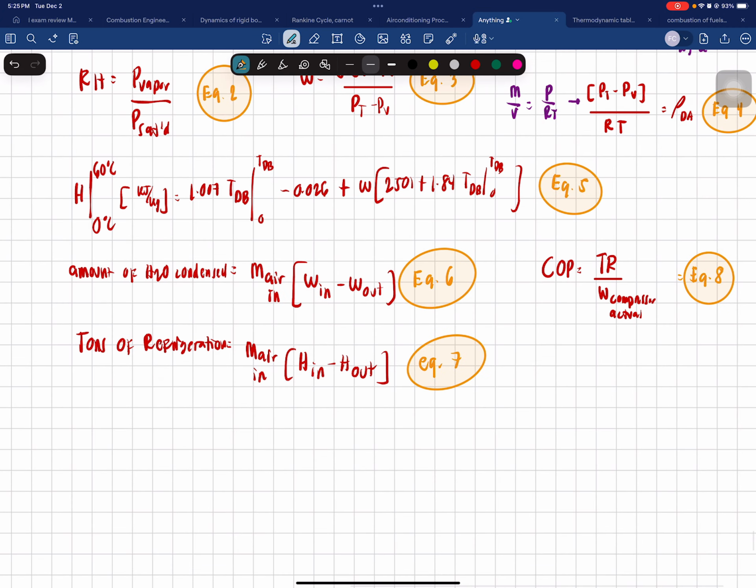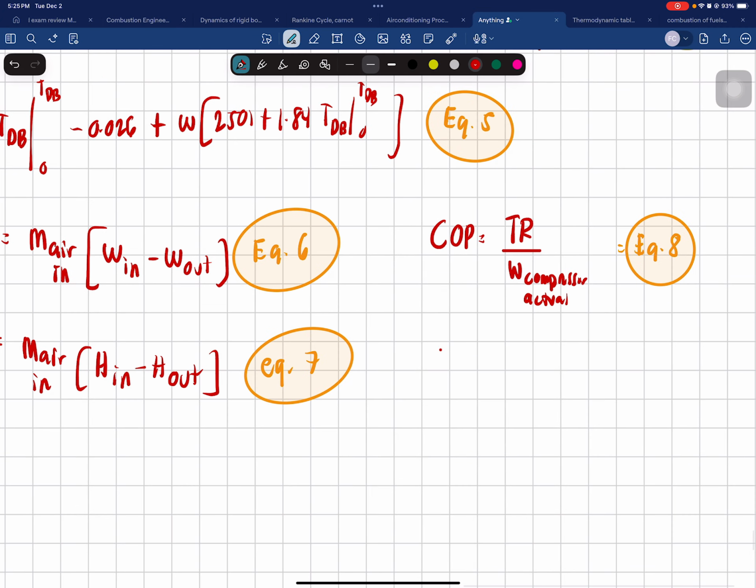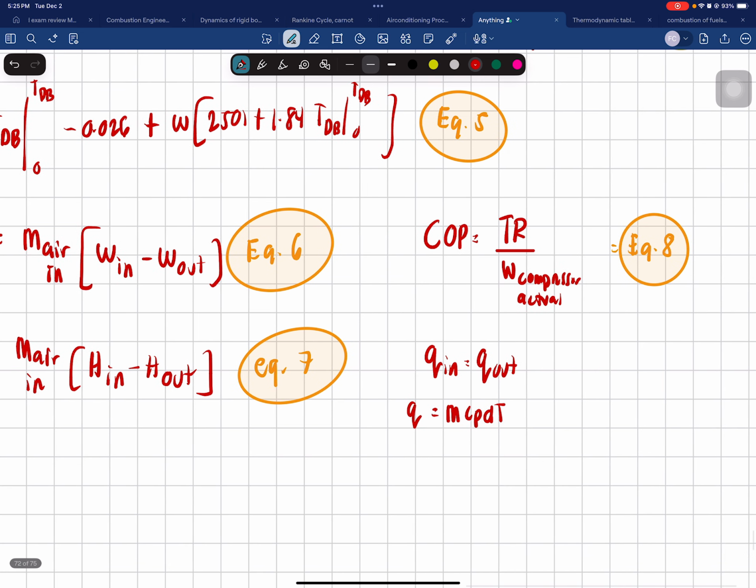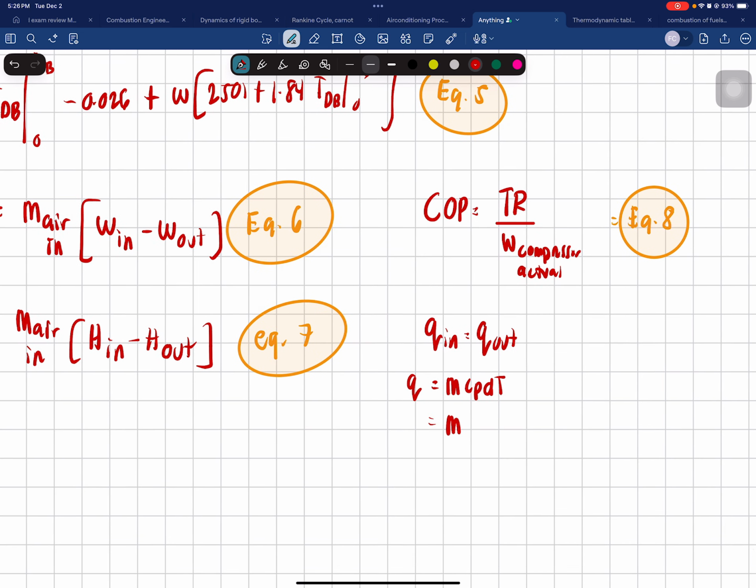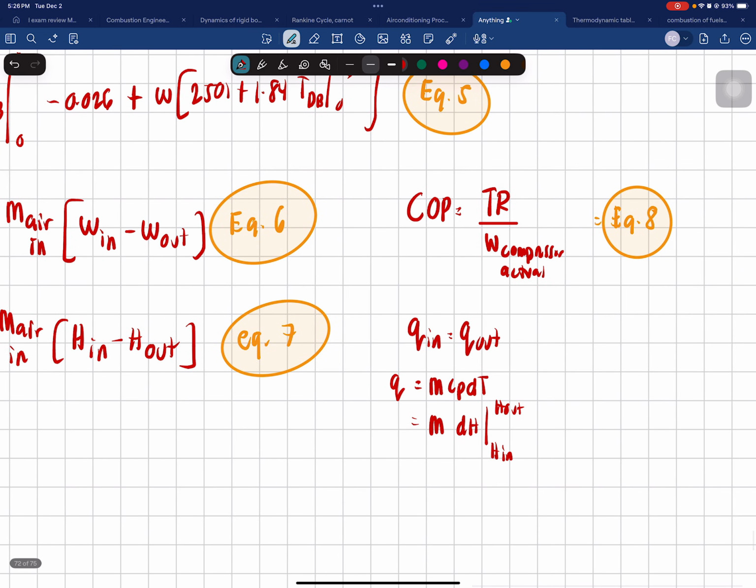So simply it's going to be Q in equals Q out, wherein Q may be M C_P delta T, or Q may be M delta H with respect to H in and H out. Okay, so this will be our equation 9.